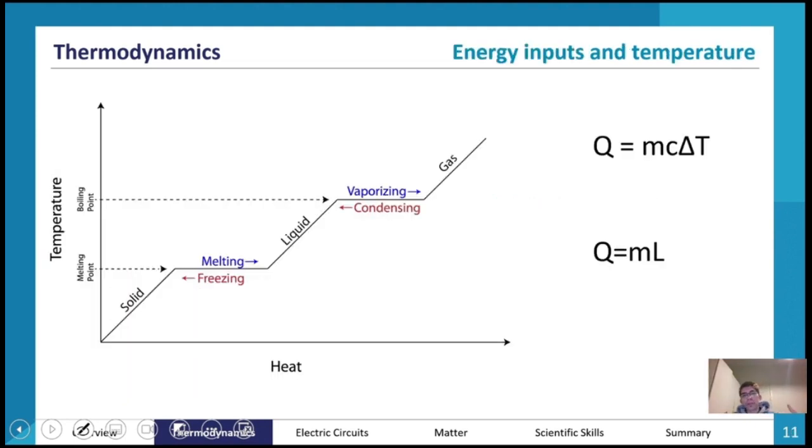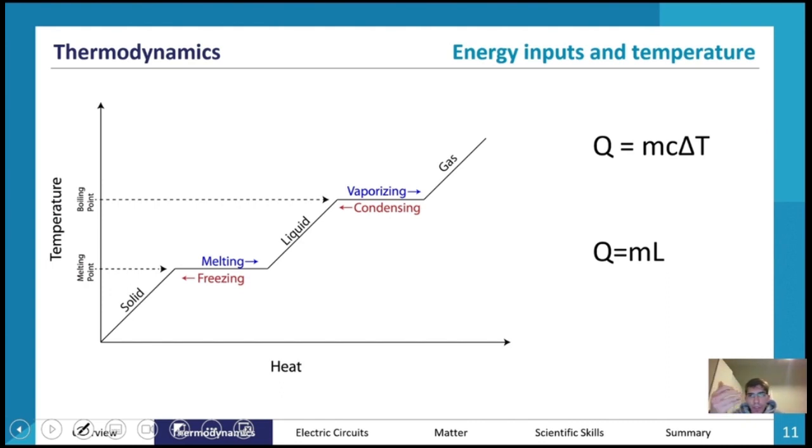Now let's talk a bit more about thermodynamics and energy inputs and temperature. There is something that we refer to as the specific heat capacity.